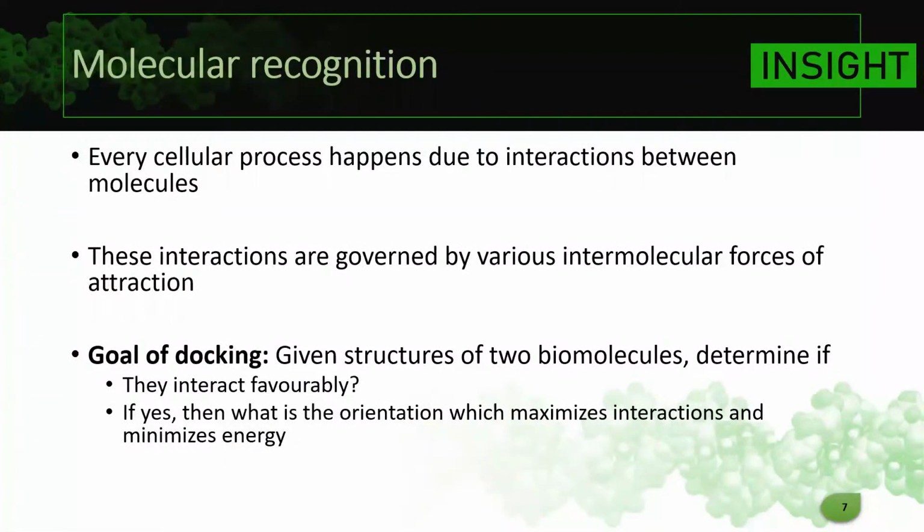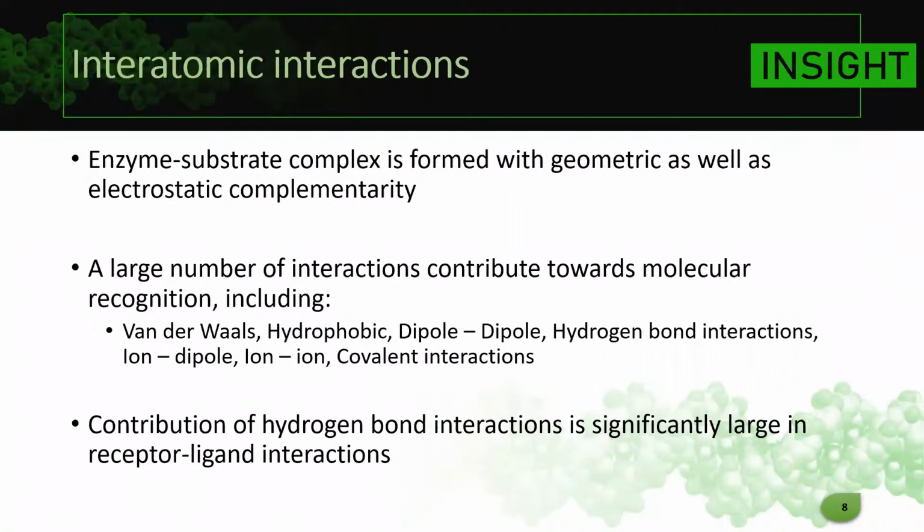So when we say that these interactions are governed by intermolecular forces or intermolecular interactions, what are these different types of interactions that happen and what is the basis of those? Well, there could be a variety of different processes that happen at the chemical level. Some of the most important interactions you might have studied in your basic chemistry are the weak van der Waals interactions, which are non-bonded in nature and can happen between different atoms.